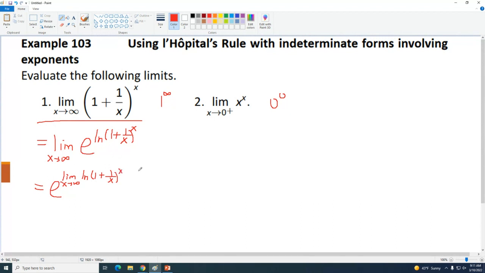So we move the limit into the e, and then ln of the power can just go to the front. So now that becomes e to the limit of x times ln of (1 plus 1 over x), and x is going to infinity. So that's what we're looking at.